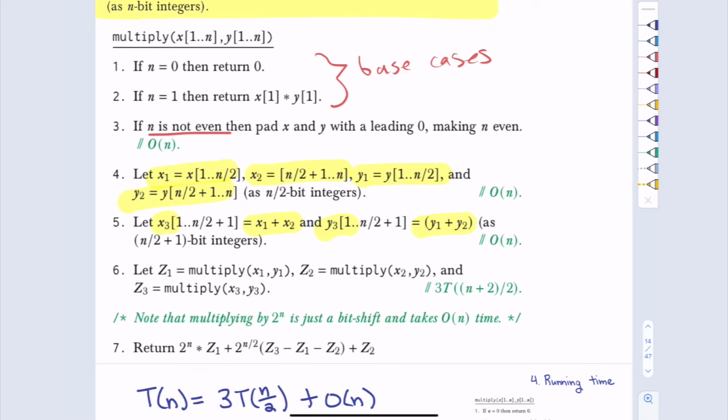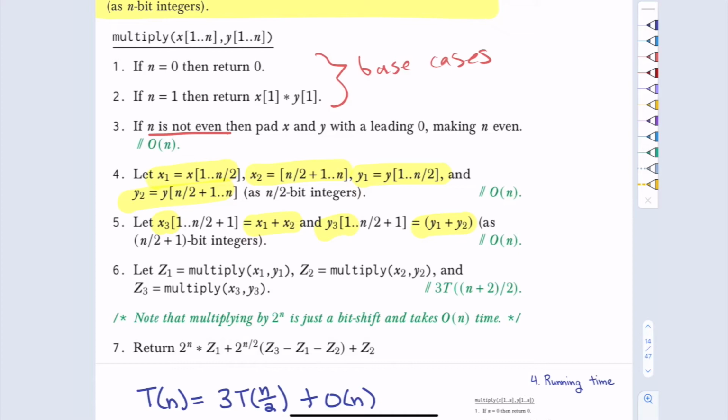One very minor technical point to make is that when you add up 2 n-bit integers, you get an n plus 1 bit integer because you might carry the 1. So technically that third recursive call is actually adding 1 more bit, but that won't really change the running time, because 1 is very small compared to n.